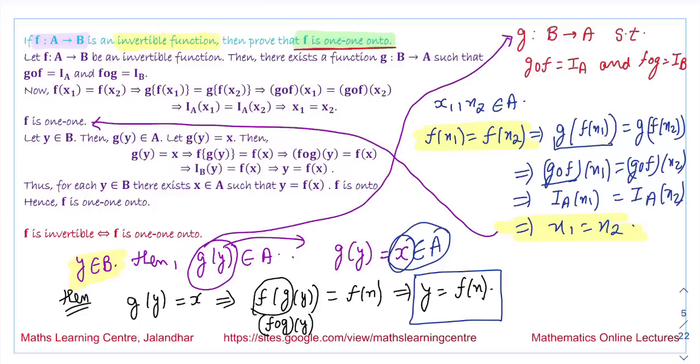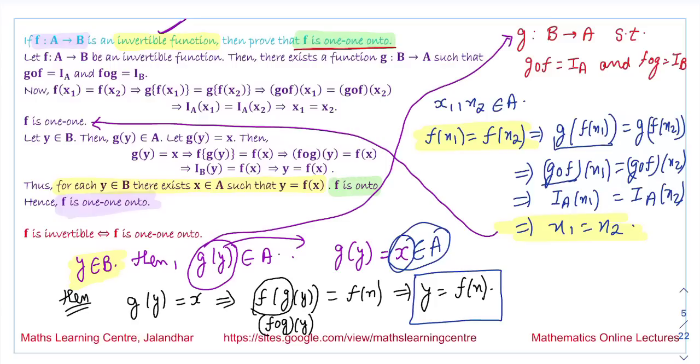So it means that for each y belongs to B, there exists x belongs to A such that y is equal to f of x, and this gives us that f is an onto function. So combining these results, we obtain that if a given function is an invertible function, then that function is both 1-1 and onto.